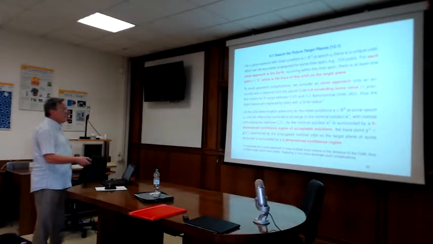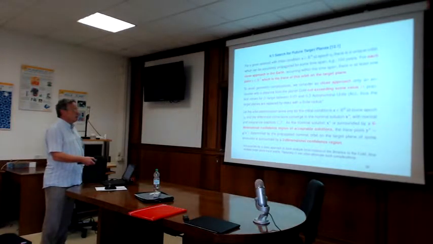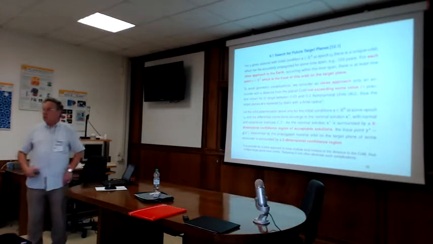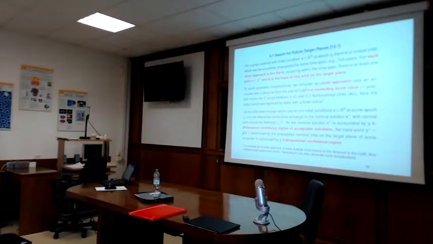In the same way, the trace point y star, which is the target plane point determined by the nominal solution, is surrounded by a two-dimensional confidence region, or a two-dimensional cloud of probability in the other interpretation.